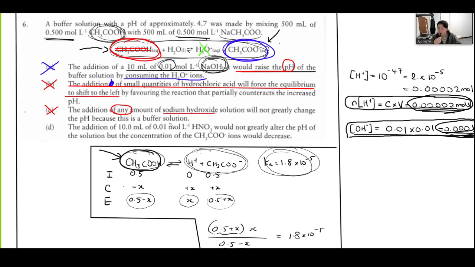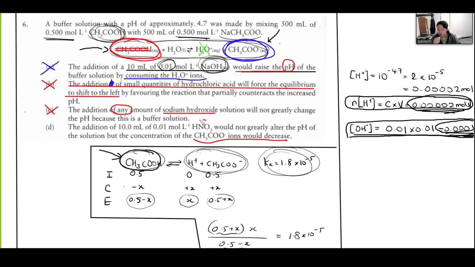So addition of small volume of low concentration of, what's it called, is that nitric acid, would not greatly alter the pH of the solution, but the concentration of the acetate ion would decrease.